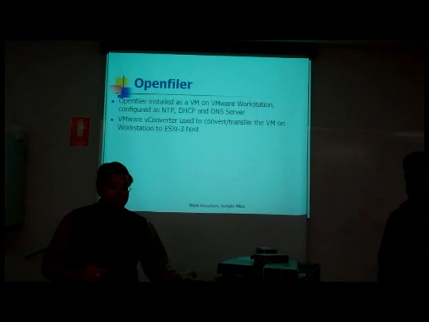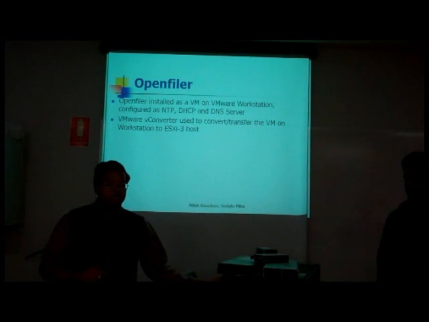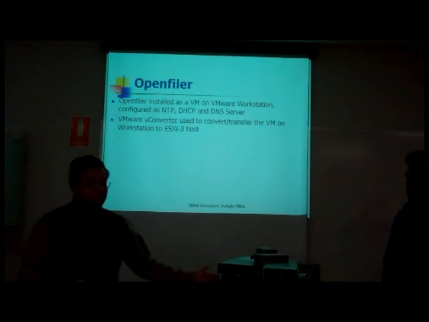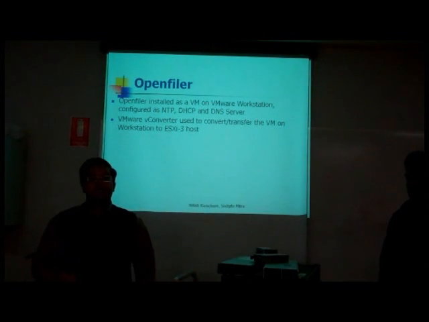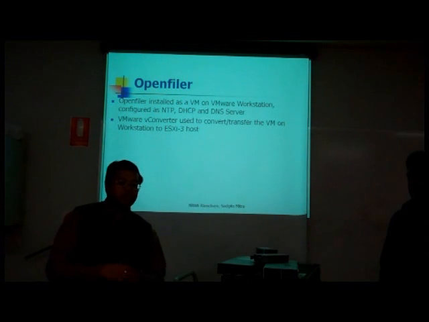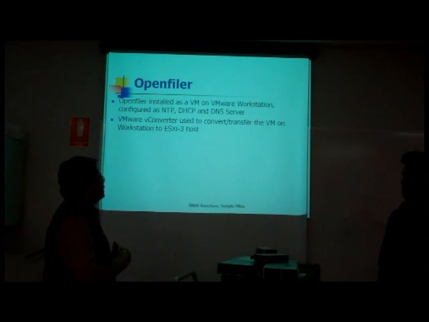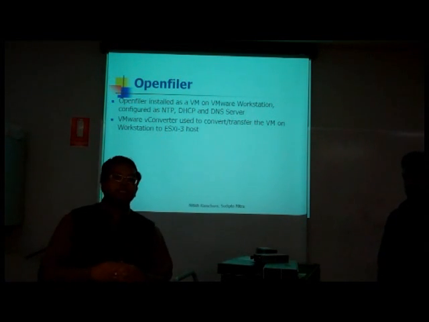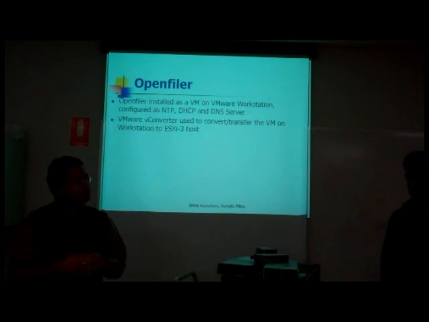That was particularly crippling because we could not install NTP, DHCP, or the DNS server. To get around that problem, we installed OpenFiler as a virtual machine on VMware Workstation, and then converted it and transferred it to ESXi3, which is the bare metal installation on the blade server.